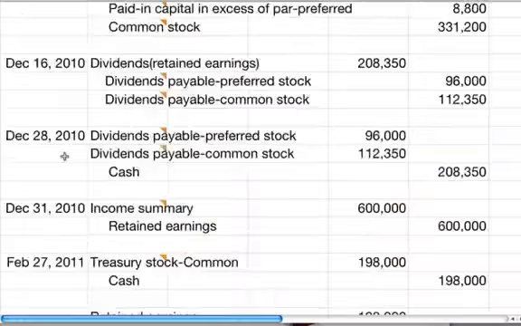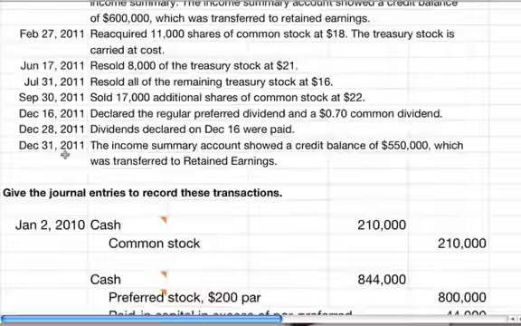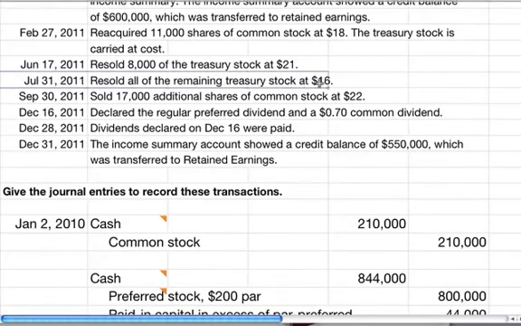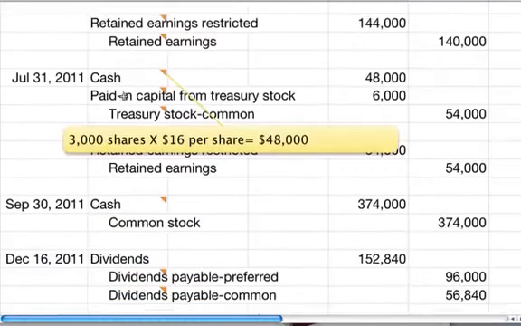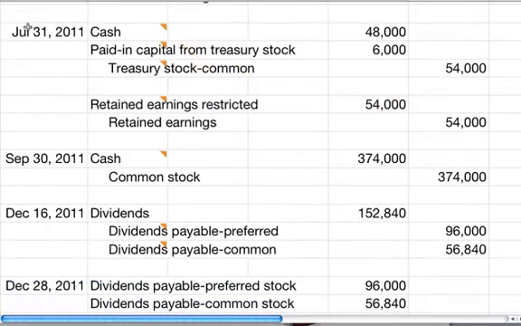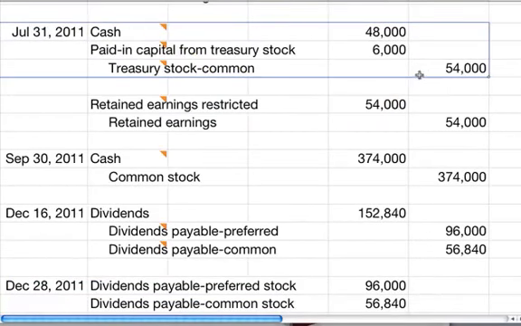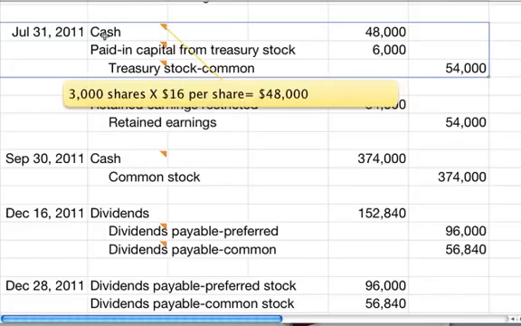So then on July 31st, we resold all of the remaining treasury stock at $16 per share. So let's go to this transaction. That's this right here. Now we have 3,000 times $16 per share.